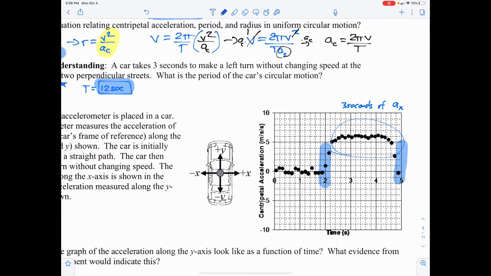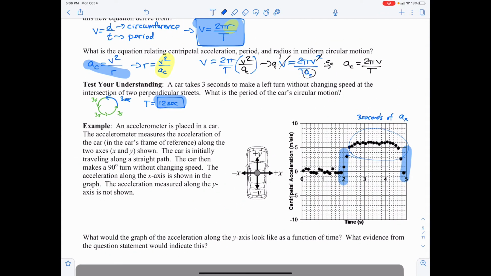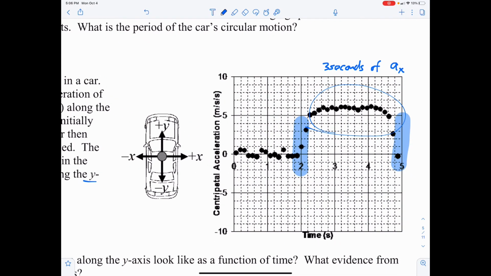How do we know? Because we were told the graph only measures acceleration along the x-axis and not along the y-axis. So we know that this is 3 seconds of acceleration in the x direction. Now, since all of these values of acceleration here are above 0, they're positive.